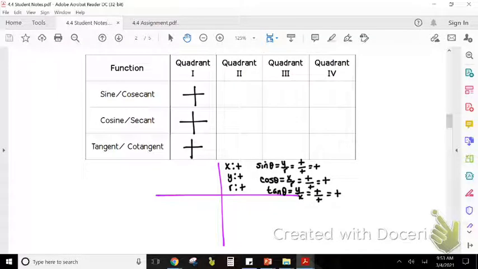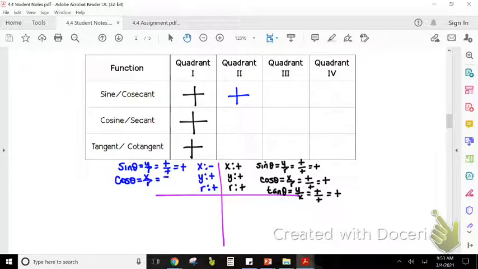Quadrant 2. In quadrant 2, remember, x is now negative, y is positive, and r is always positive. Sine is y over r, so we have a positive over a positive, so sine is positive along with its reciprocal cosecant. Cosine is x over r.